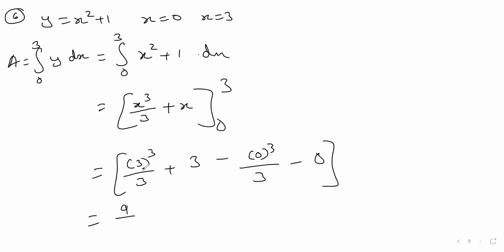And 3 cube is 27. 27 by 3 plus 3, and this is 0. This will become 12 square units.